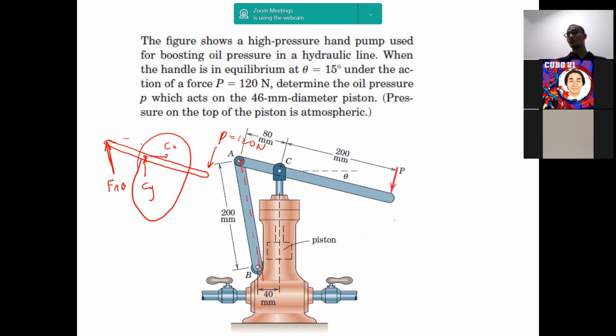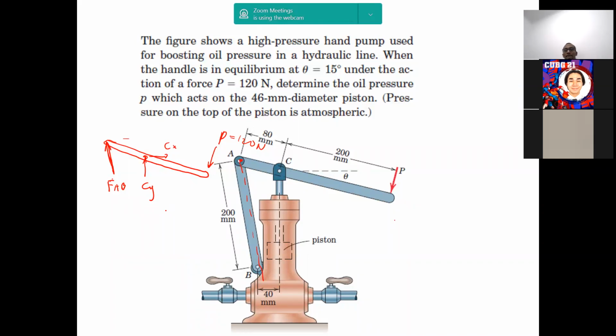So that's the purpose of determining which one is the two-force member and which one is not. If it's a two-force member, the reaction force is supposed to be just one force only like this. If it's not, then you're supposed to put the reaction forces of a normal pin.